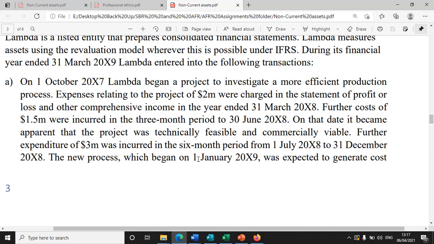So in our explanations or submissions, these are some of the points that we need to give out, and I thought I just give these ones to you. The treatment of development costs. This is Lambda. So begin to write from here.